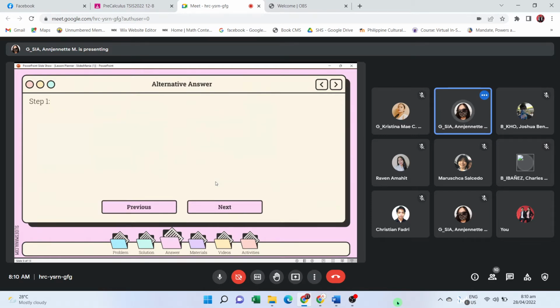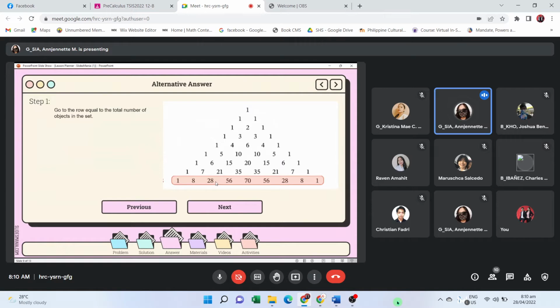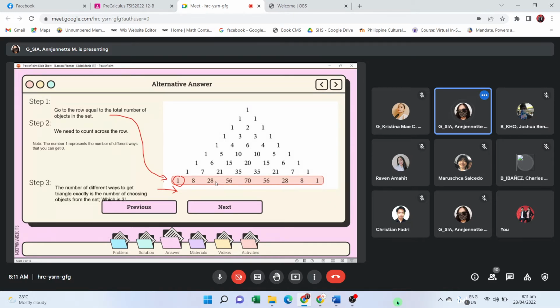Step 1, go to the row equal to the total number of objects in the set. So we will go to the 8th row. Step 2, we need to count across the row. Note that the number 1 represents the number of different ways that you can get 0 points.